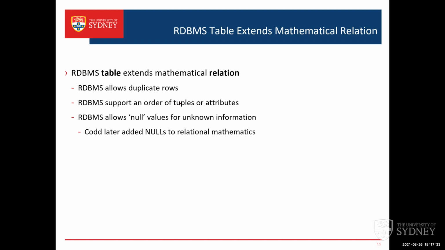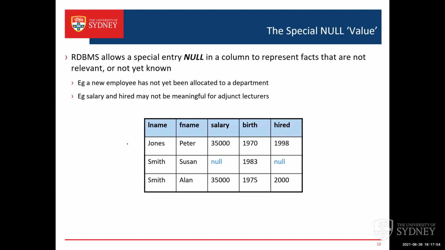Okay. When we have cases like that, when we don't know that information, like one person does not have his phone number, at that time, instead of blank, we will write null there. Okay. So null is special, definitely different from a value. Let me show you one example in here.